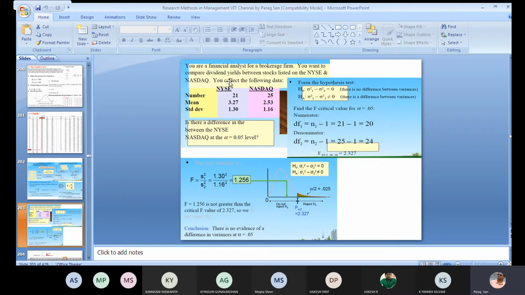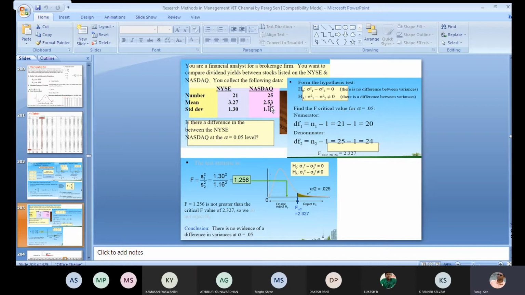So the variance you can calculate for the New York Stock Exchange. It is just standard deviation square, 1.3 square. And the variance of NASDAQ that you can also calculate, that is 1.16 square, because we know that standard deviation square is variance.